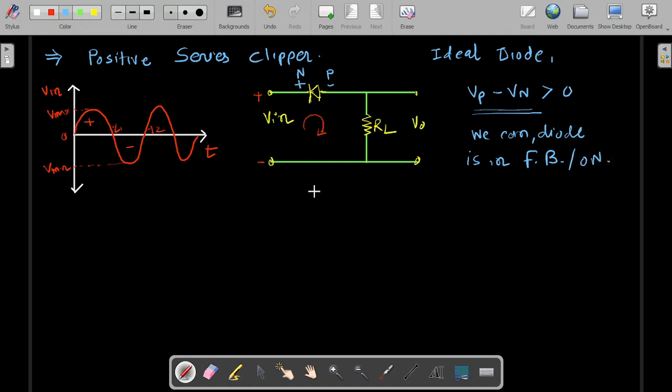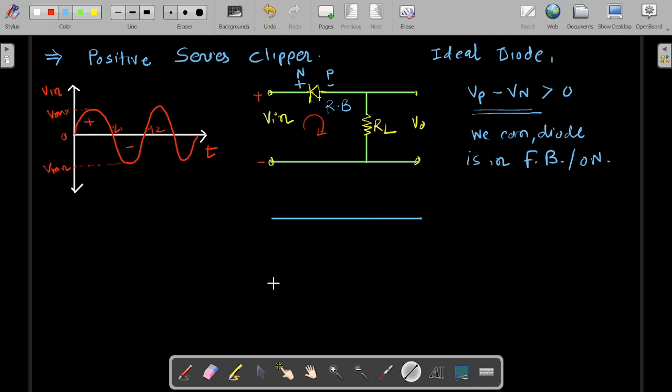Now in this positive half cycle, the diode is reverse biased. So what will happen if the diode is in reverse bias? I can draw the circuit this way.